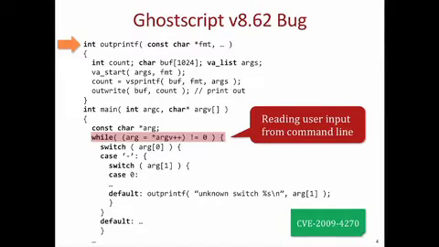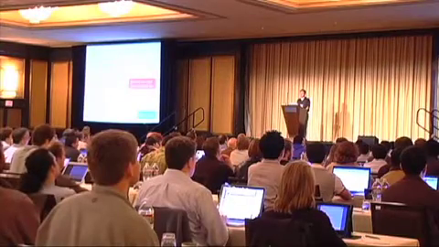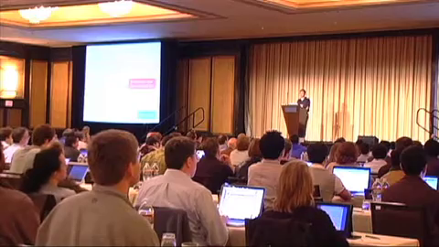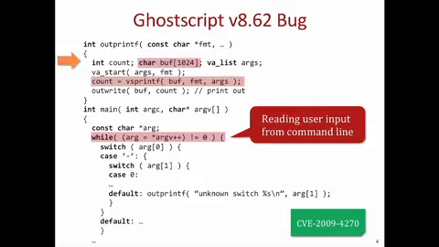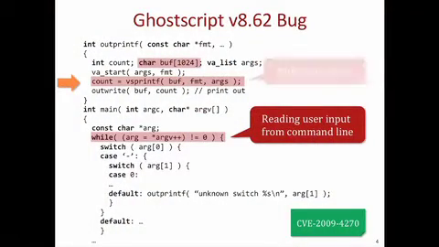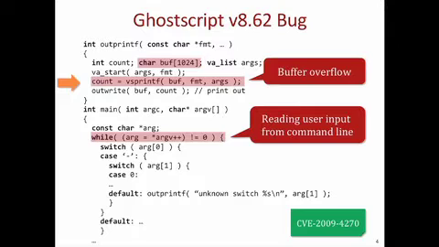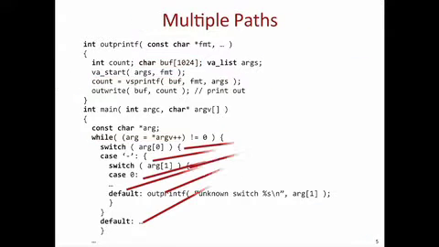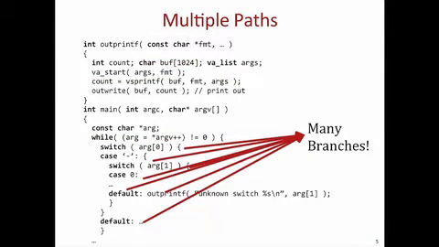And then if the user input switch is not known, then we will try to output the error message using the outprintf function. Now, in the outprintf function, there is a vsprintf function, which will essentially take user input and then copy the value to the buffer. And as some of you already noticed, this is a common buffer overflow condition if the user input is bigger than the size of the buffer.